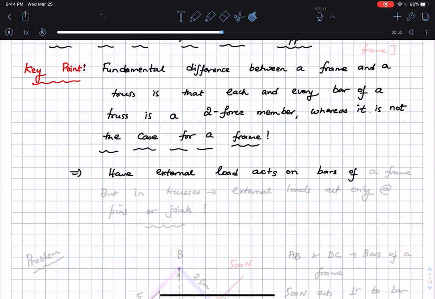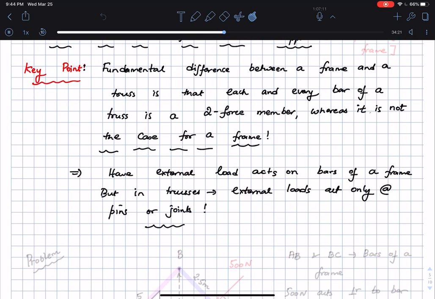bars of a frame. We know that in trusses, the external loads act only at the pins or the joints.